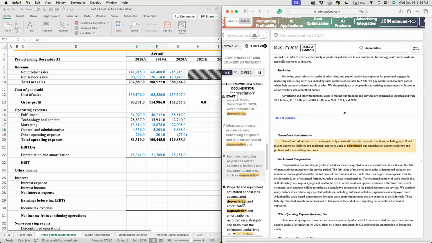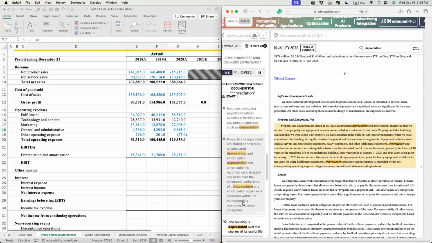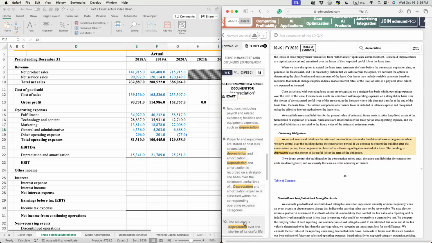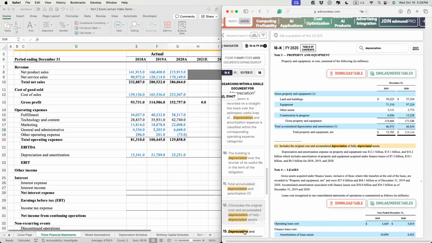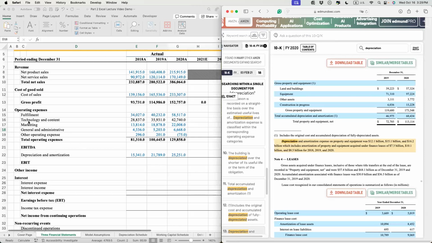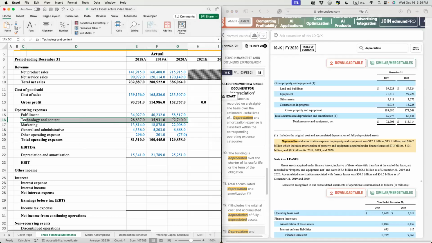If we keep searching, of course, it's related to PPE and financial obligations. So for our search results, we have two good candidates, technology and content and general and administrative. But we don't have a specific value for how much depreciation cost is coming from here or there. And eventually, which one you choose will not affect our valuation model.